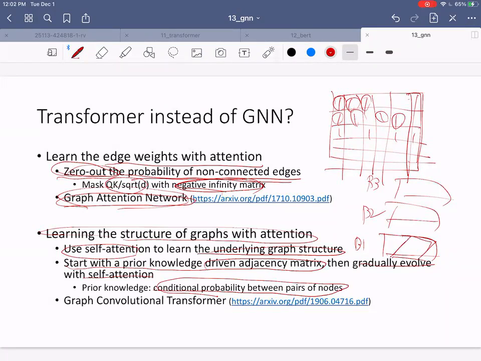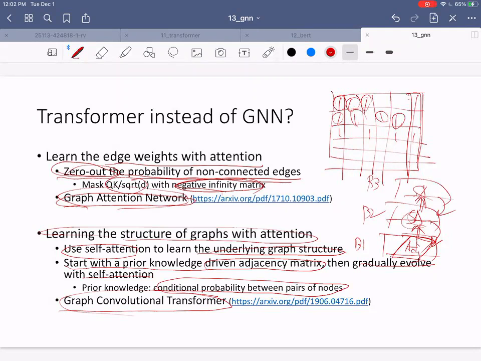Then you start from that. So this is the adjacency matrix. But from block two, you do self-attention, and you gradually evolve from the adjacency matrix, doing self-attention again and again. And you try to make this self-attention map as close to the adjacency matrix as possible, so you use some regularization scheme. That's how you learn the graphical structure of a data set when you don't know the complete structure. So that's called the graph convolutional transformer.